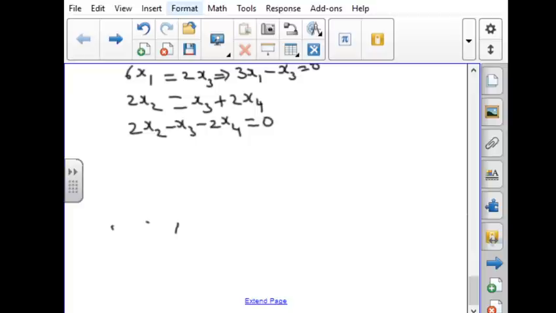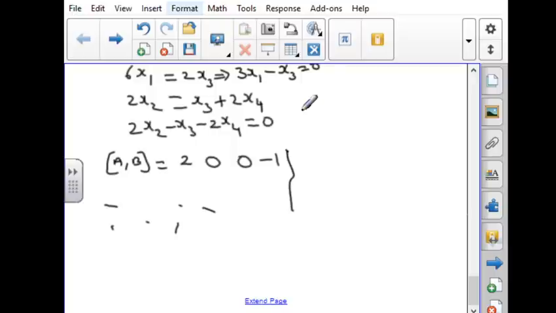The augmented matrix A comma B is equal to 2, because 2x1, and we don't have x2, so we take it as 0. x3 we don't have, so we take it as 0, and minus x4, so it is minus 1, and equal to 0.